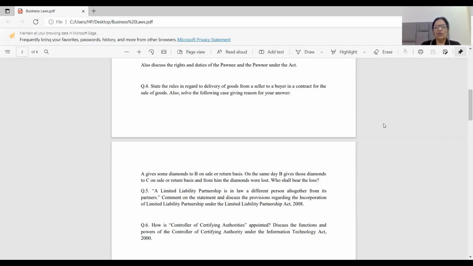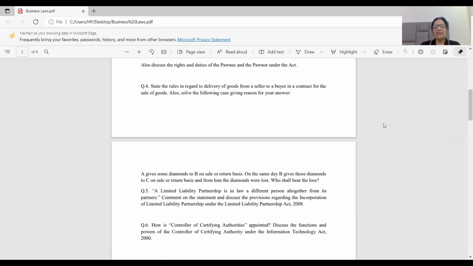And then, all these steps, 6 steps in the formation of LLP. 6 steps you have to write, friends, regarding this: who can be a partner, then digital signature certificate, designated partners. And then documents are to be filed online with the ROC.